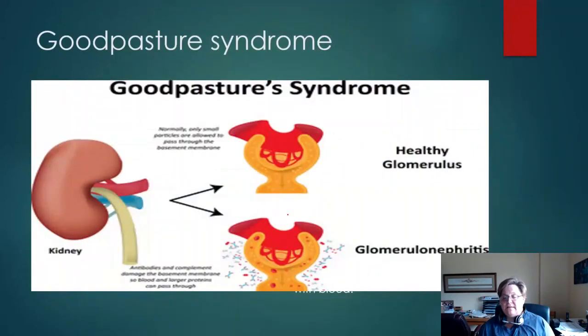Goodpasture syndrome is a type 3 hypersensitivity reaction. And Goodpasture syndrome occurs when particles and antibodies and parts of the complement system damage the basement membrane of the kidney, and no blood can then pass through that anymore because the basement membrane has been compromised, and our patient will end up with a condition called glomerular nephritis, or inflammation of the glomerulus and the kidney cells.